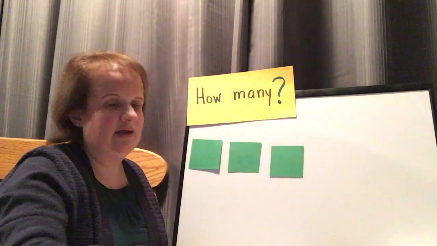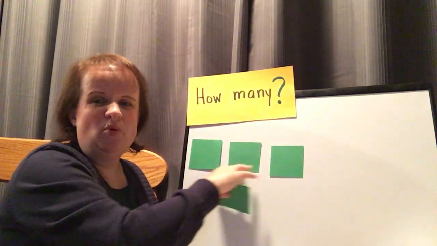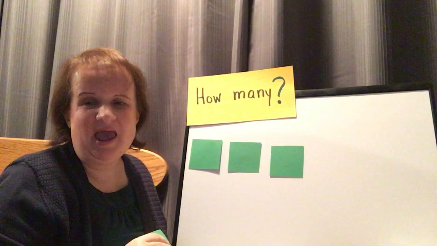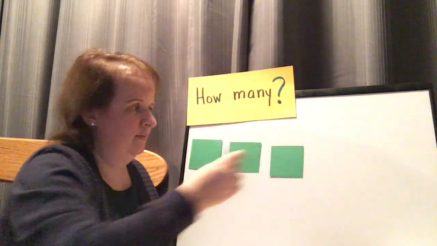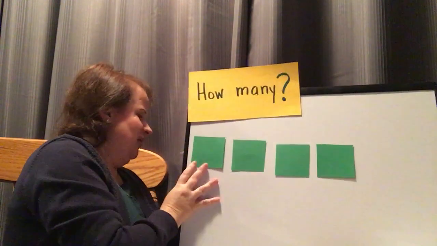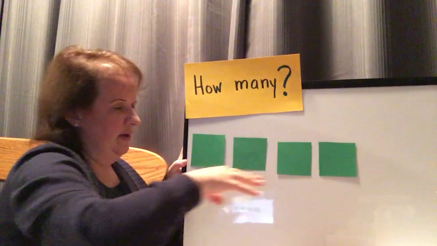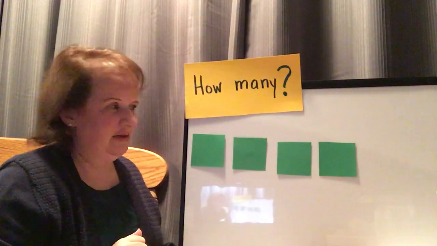Now I want to add another color tile to my board. I'm using more and more color tiles every time I add one. Here's another green color tile to my board. Sorry about that. The board got wiggly.